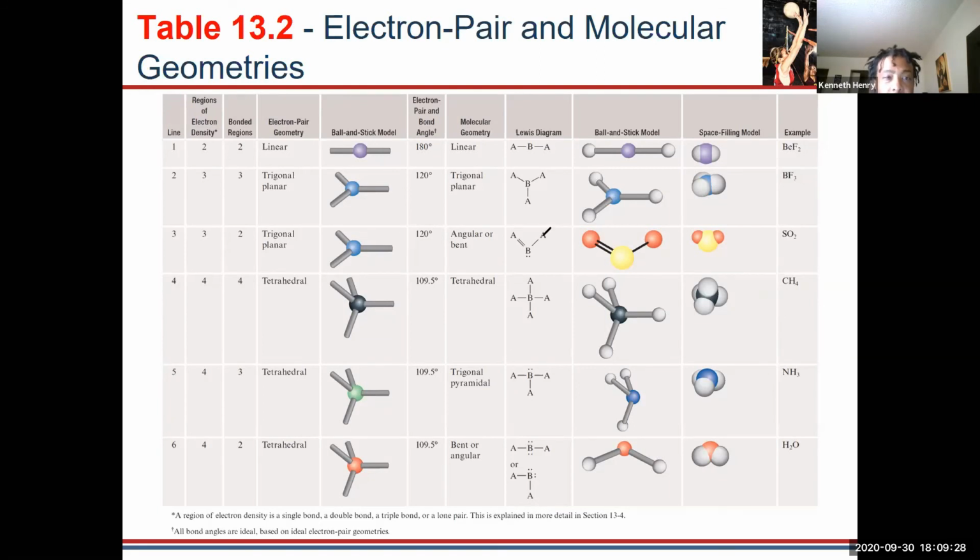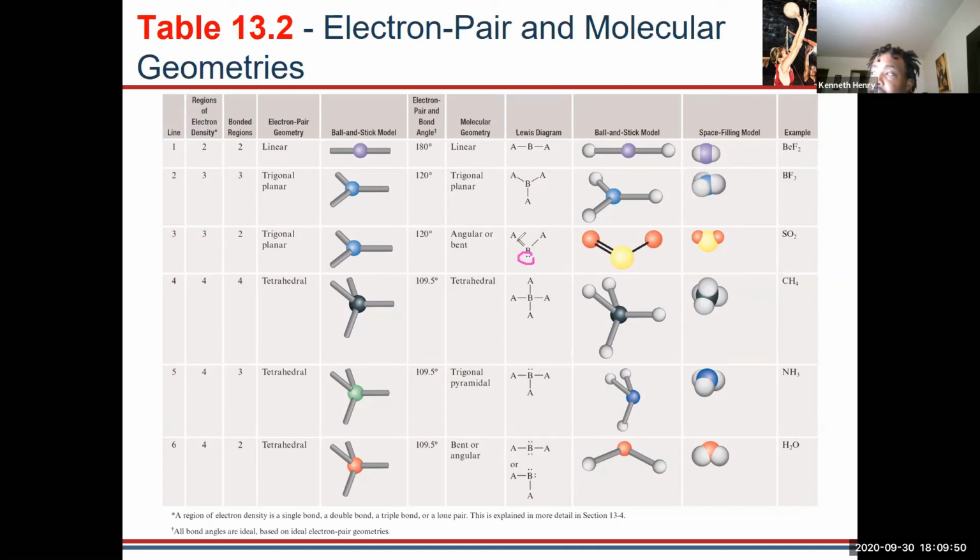That's your two attachments. Now, the electron pair causes it to be shifted, right? But visually, we don't see that electron pair. When we look at the structure, we just see those two atoms, and so our molecular geometry is going to be bent because of that.